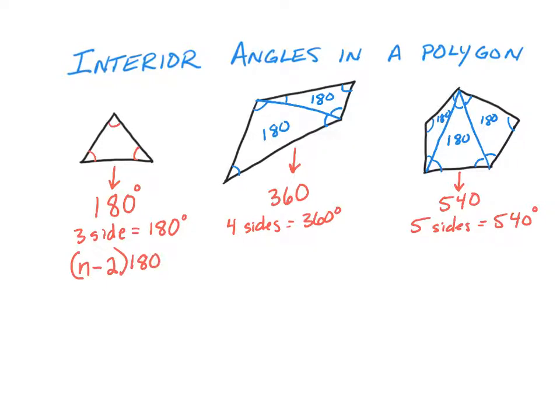So for a triangle the number of sides is 3. 3 minus 2 times 180 equals 180. So four sides, and I rewrite it like this, 180 times n minus 2. Four sides, 4 minus 2 is 2, times 180 is 360. And that's your total. Again, that's your total angles, not one angle, all of the angles added together.